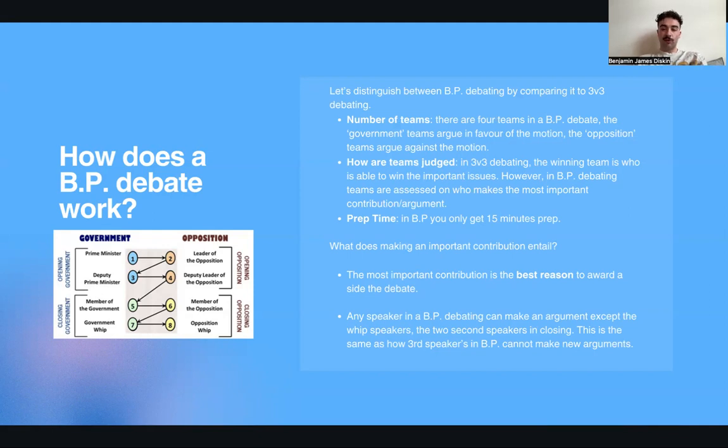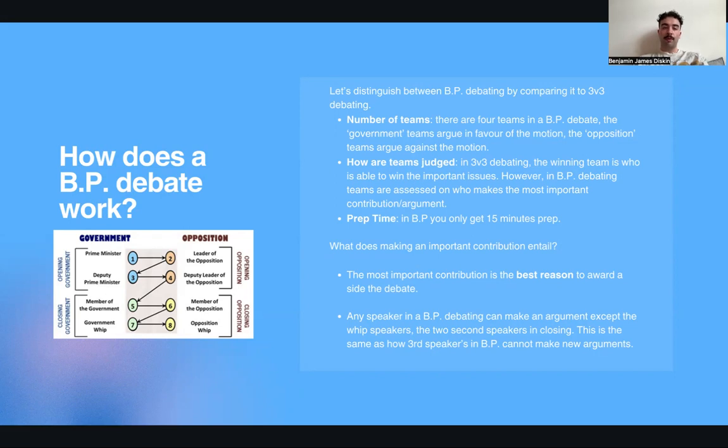And if that seems a little bit strange, that's okay. We'll discuss specifically what type of arguments to make at opening and what types of arguments to make at closing. And we'll talk about how closing teams can beat their opening teams later in the presentation. The basic thing that you need to understand now is that phrase: you are trying to provide the best reason to vote for your side of the motion. So if that makes sense, then that's all that you need to understand at this point in the presentation.